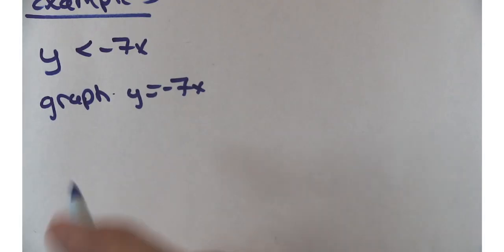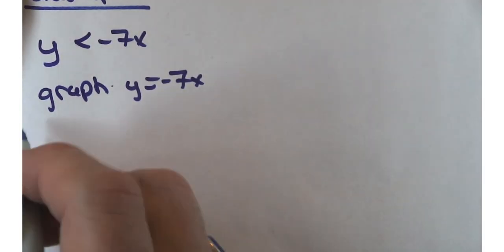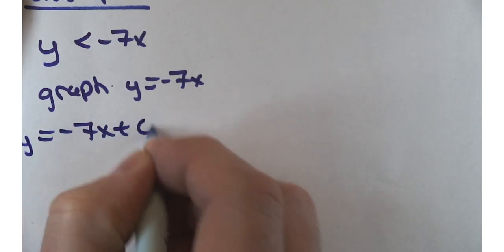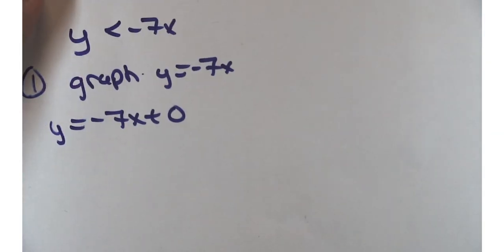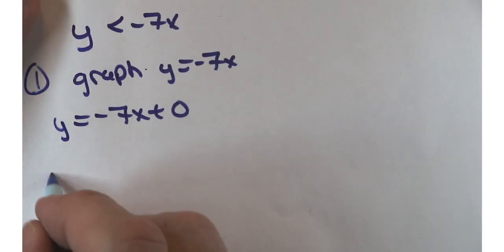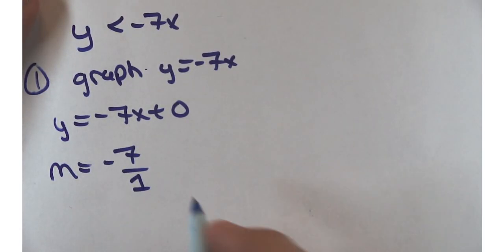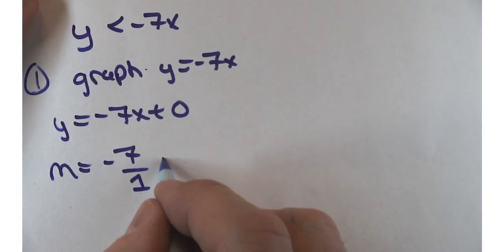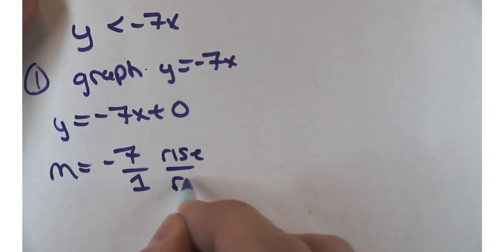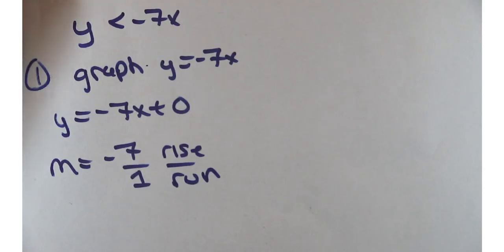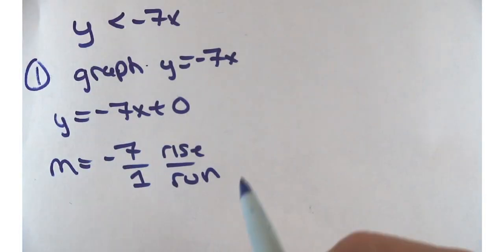There's a couple ways that you could think about graphing this. One would be to recognize that this is in slope-intercept form. It's really y equals negative 7x plus 0. What's the slope of this line? Yeah, the slope is negative 7. Well, negative 7 over 1. And I hope that you remember slope is rise over the run. So you can start out with the y-intercept.